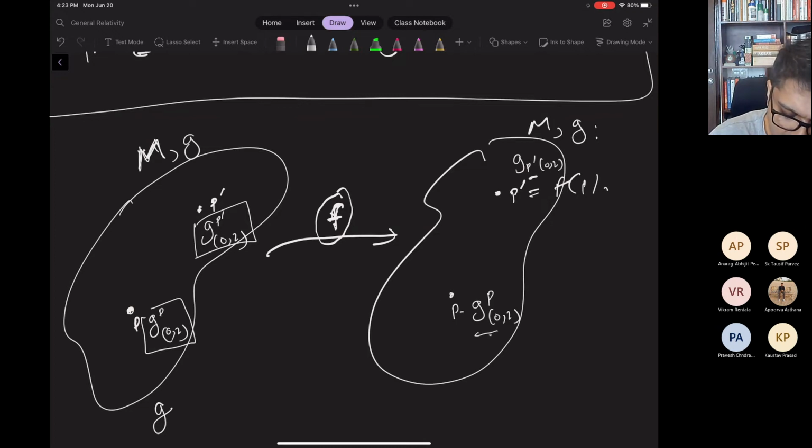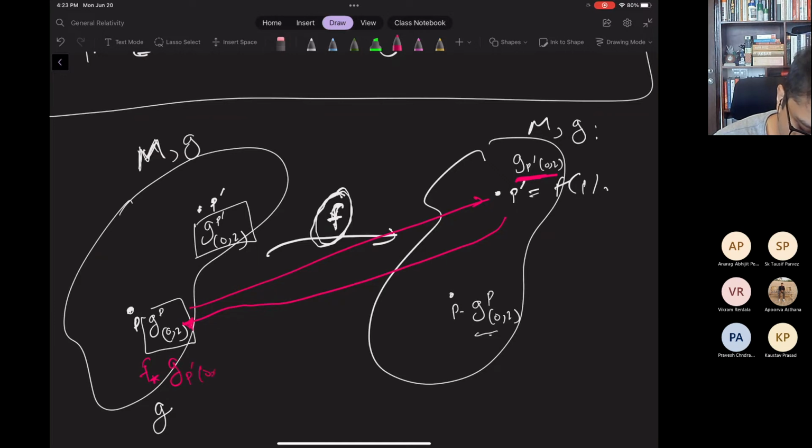But now what I will do is use F. This point P got mapped to the point P prime. We will use F to pull back this 0-2 tensor, and bring it back here. When we pull back this 0-2 tensor, we get the pullback of G at P prime, of type 0-2.